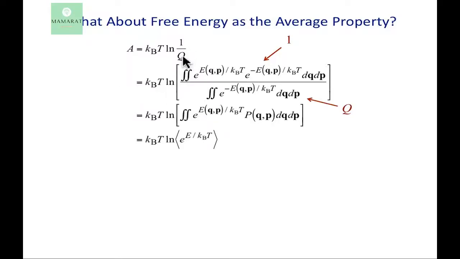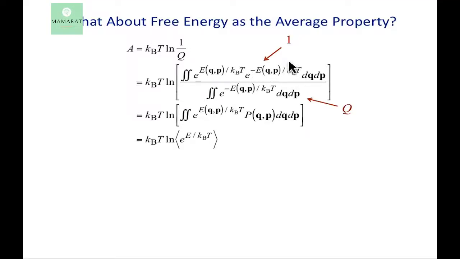I will take the partition function q, which is in the denominator, and write it out as what it is: an integral over phase space, both coordinates and momenta, of e to the minus all possible energy states, divided by kT. And of course the numerator is 1, but I'm going to write 1 in a somewhat more complicated way. I'll take it as e to the positive E times e to the negative E. That gives me e to the 0, so sure enough that's 1.